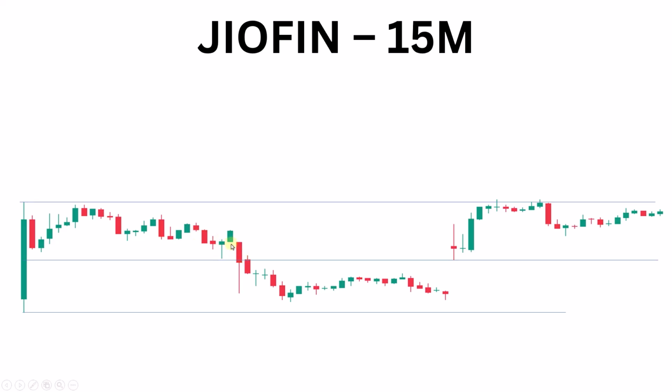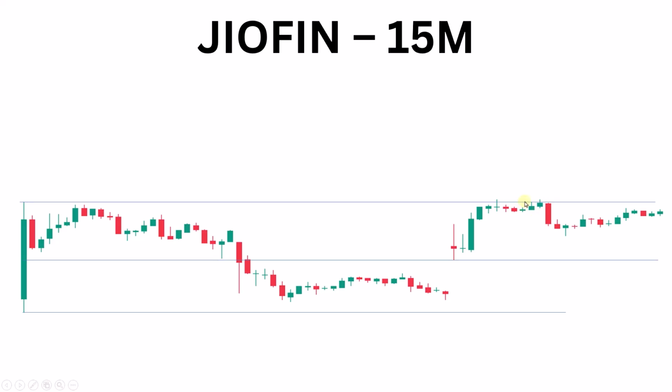So price has come till here and made a pattern that we know, and the day has ended in this candle. The next day, price came down, and since this entire range is a support zone, the price moved here. The next day the price opened here, took support here, moved up till the upper line, and then came back down.